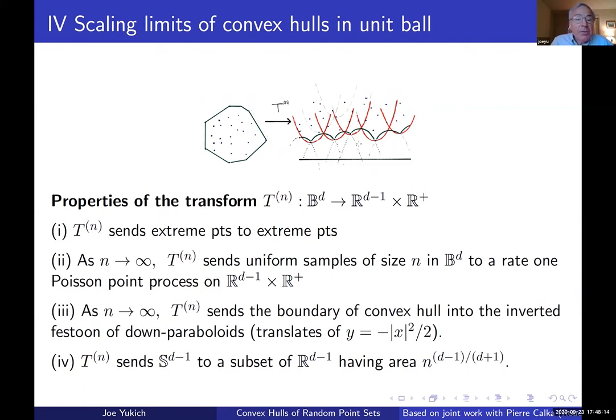The fourth property is not obvious at all, but it will be in a few minutes. The transform Tn takes the unit sphere, S^(d-1), and sends it into a subset of the hyperplane, R^(d-1). That's this green line here.